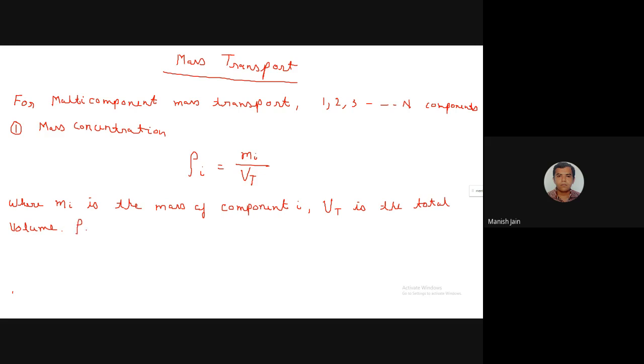Rho i is called the mass concentration, but it is not the density. That you have to understand.